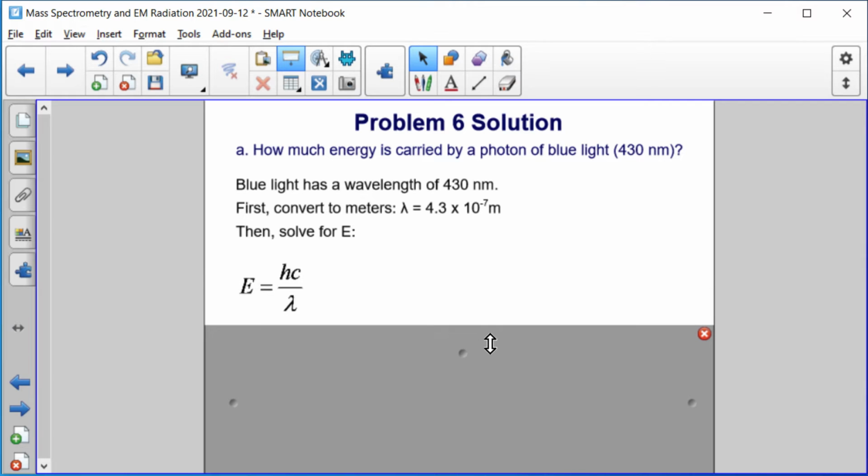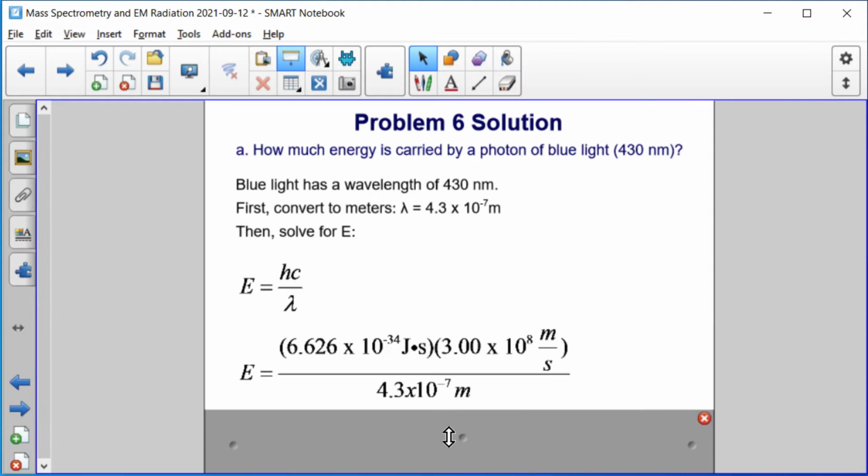And then using this equation that we have for the relationship between energy and wavelength, we solve for energy. So we know that energy is equal to Planck's constant times the speed of light, c, divided by the wavelength, lambda. Substitute values. Here's Planck's constant, 6.626 times 10 to the minus 34 joule seconds, times the speed of light, 3.00 times 10 to the 8th meters per second, divided by that given wavelength, 4.3 times 10 to the minus 7 meters.